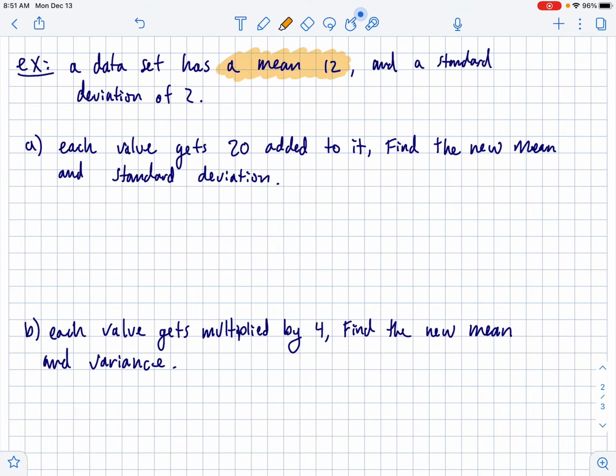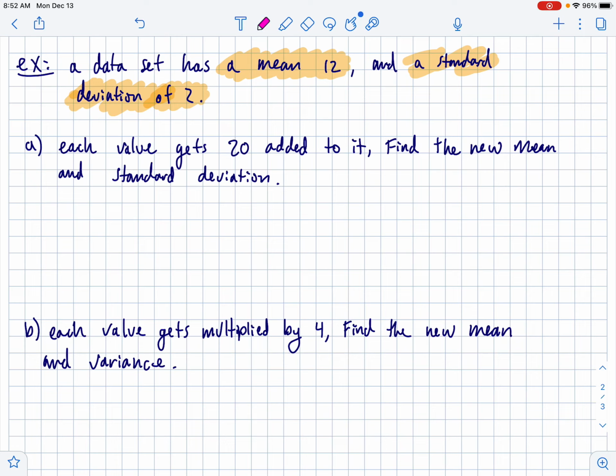So let's say a data set has a mean of 12 and a standard deviation of 2. I guess I should highlight all of it. There we go. If you take each value and add 20 to it, we need to find the new mean and standard deviation.